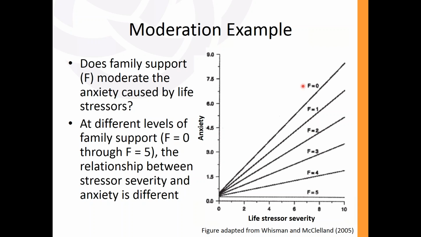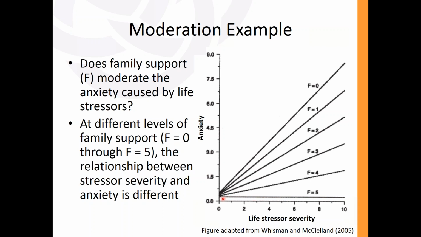So if you have zero family support, life stressor severity is much more strongly causing anxiety. The more life stressor severity you have, the more anxiety you have. As one goes up, the other goes up a lot. But you'll notice that if you have a lot of family support, and family support in this case goes from a scale of 0 to 5, so maximum family support, F equals 5, then more severe life stressors have no impact on anxiety.